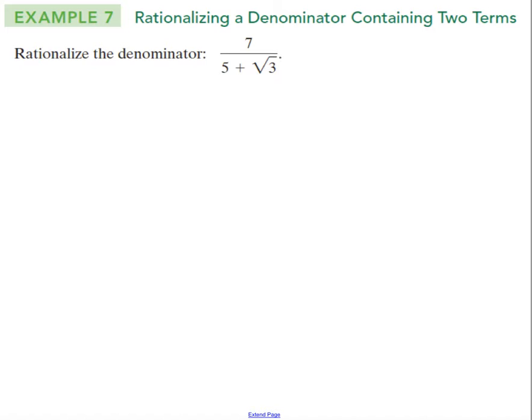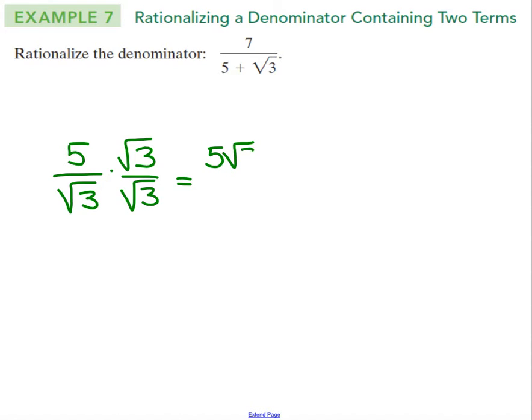So for example, 5 over the square root of 3. The denominator has a single radical. In order for us to rationalize it, we learned that you multiply the numerator and the denominator by the square root of 3, and then you multiply across. 5 square roots of 3 over square root of 3 times square root of 3, which is square root of 9. So 5 square roots of 3 over 3.